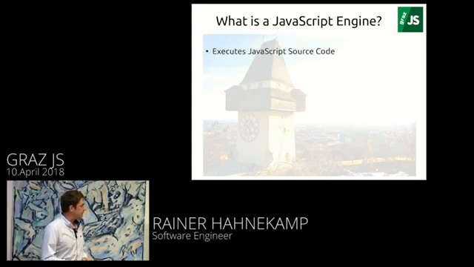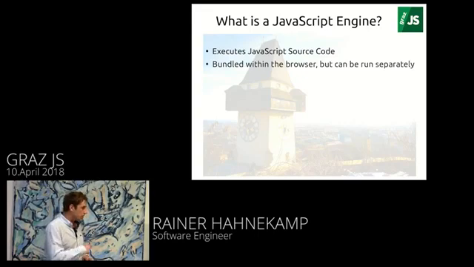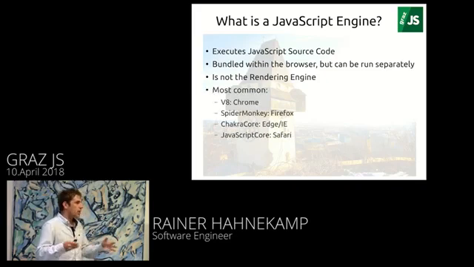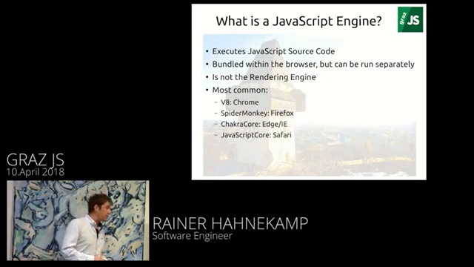So what is the engine? As I have already said in the beginning, it executes JavaScript source code. It is usually bundled within a browser, but it can also run separately. It should not be mistaken for the rendering engine, so this is something completely different. And usually each major browser has its own engine these days.